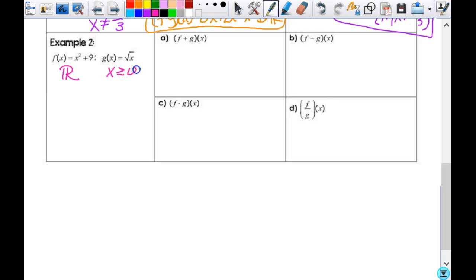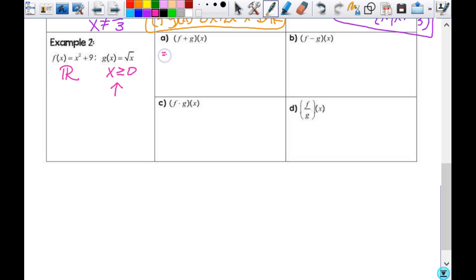Greater than or equal to 0. It's okay to be 0, right? So the intersection of these two domains is what? This right here, right? That's what they have in common. This is real numbers that are greater than or equal to 0, and this lives inside of this set, but this is the intersection, because both of these have this right here in common.